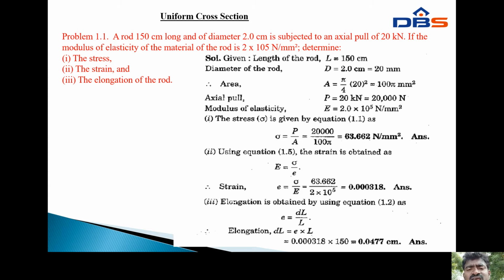That equals 63.662 Newton per mm square. That is the stress value. Newton per mm square is the unit of stress. Next, we can calculate the strain by using an equation.